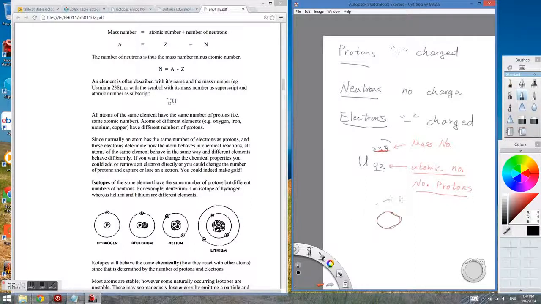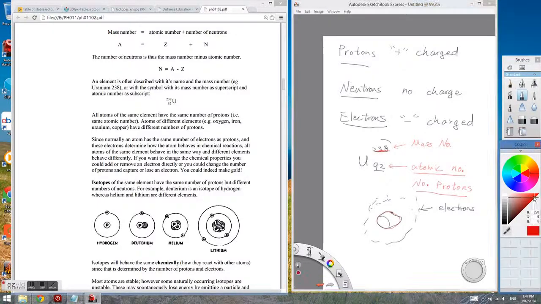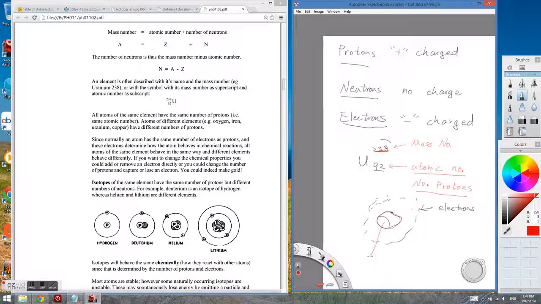Remember the element looks like this: the nucleus is in the middle, and I have electrons outside. I just try to sketch a graph. Electrons outside, the nucleus in the middle.